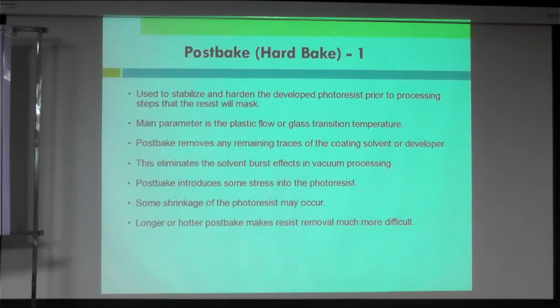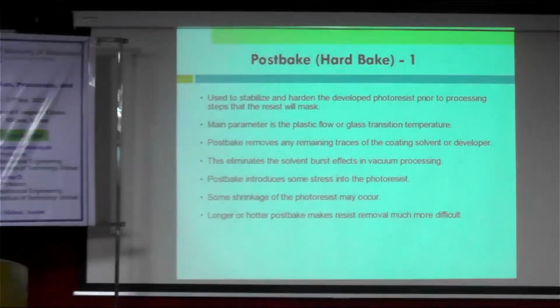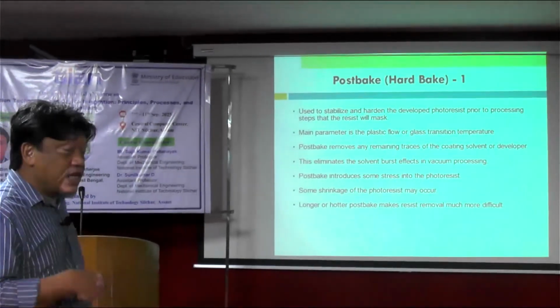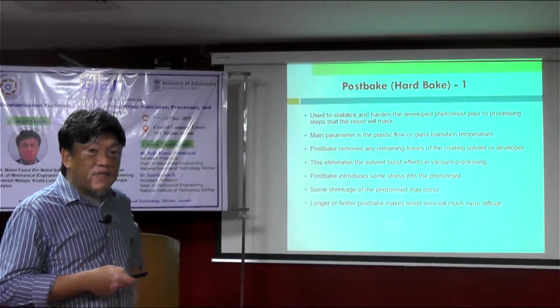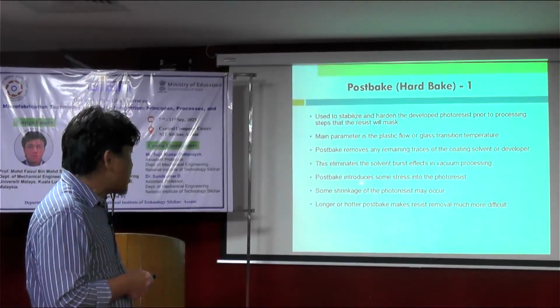So once you have transferred the pattern on your photoresist, you do a post bake to stabilize the photoresist and make it harder, so that you can do the next process of developing the pattern on the substrate.